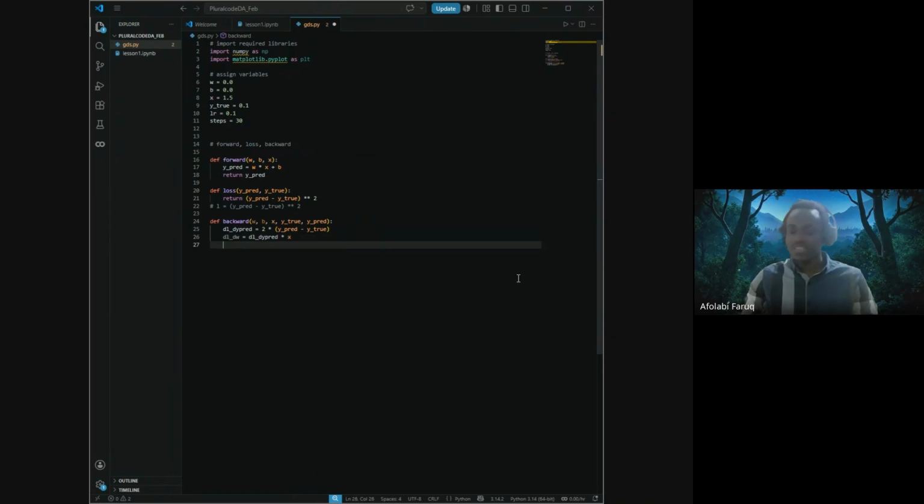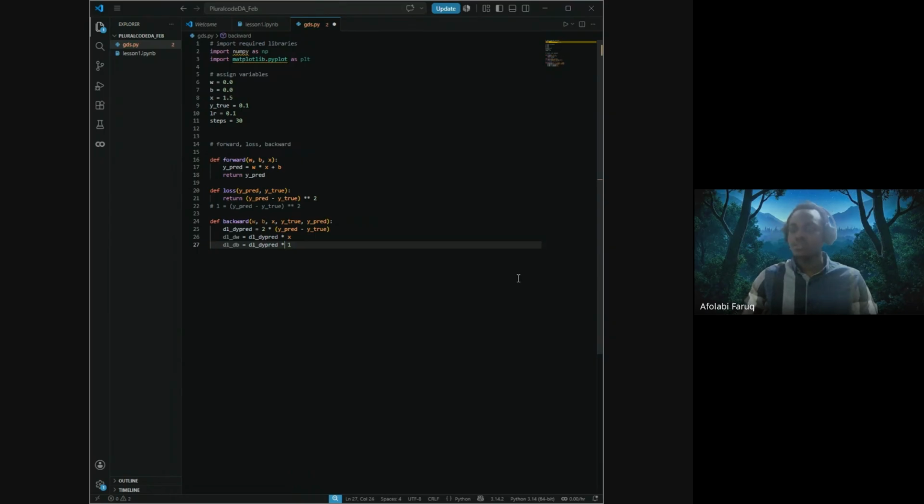Then the next thing we have here is dL/dB. Here dL/dB is dL/dy pred times 1.